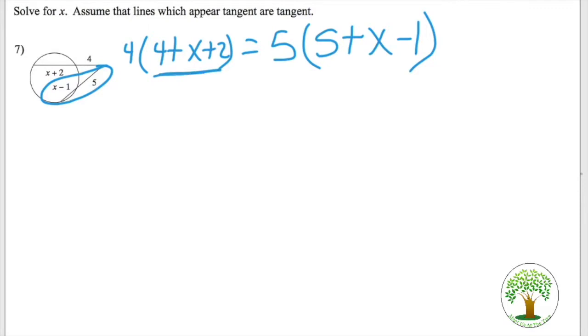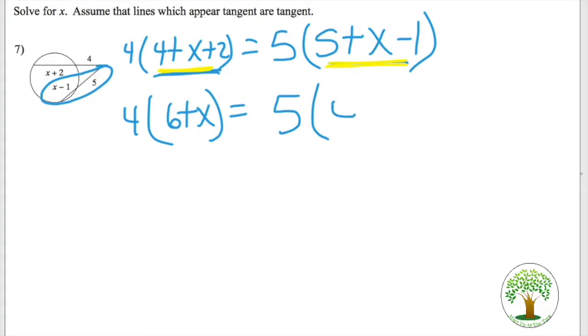I'm going to simplify this before I do the distributive property. So I have a 4 on the outside. This on the inside here, the 4 and the 2 will come together as a 6 plus x. And over here, the 5 and the negative 1 will come together, and I'll have a 4.